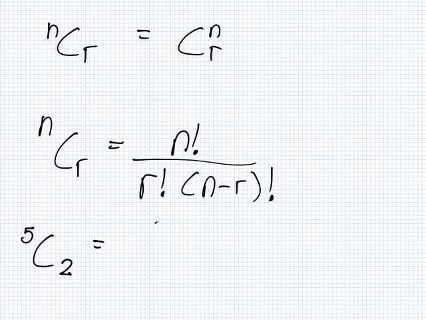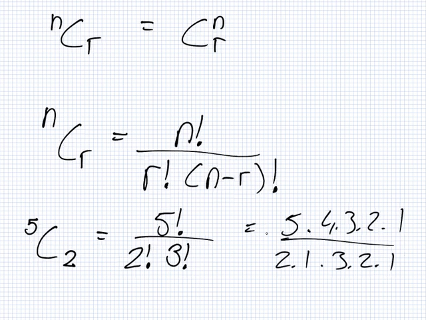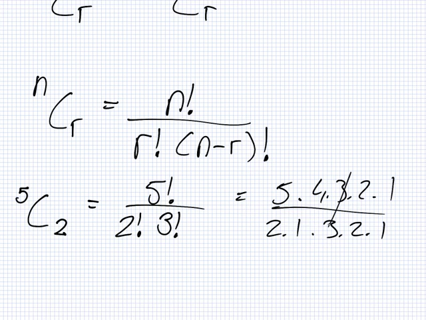That will be 5 factorial over 2 factorial times 5 minus 2, 3 factorial, which will be 5, 4, 3, 2, 1 over 2, 1, 3, 2, 1. Now, cancel. 10.